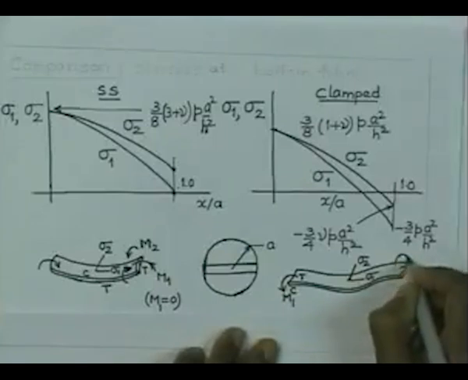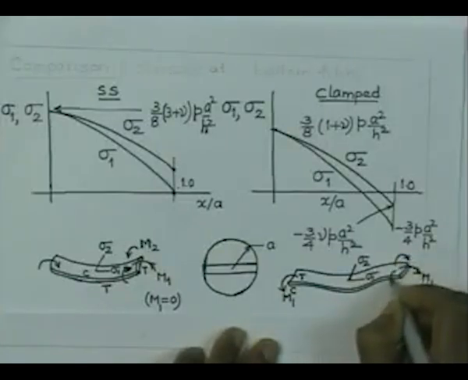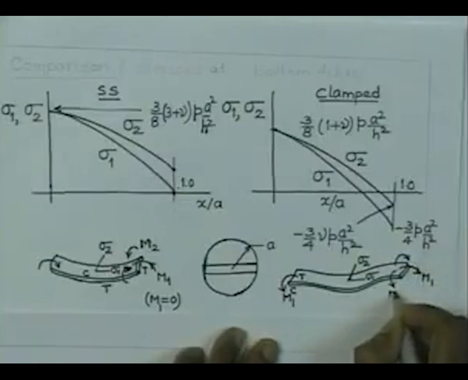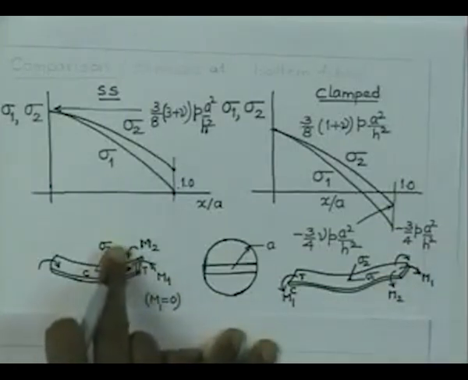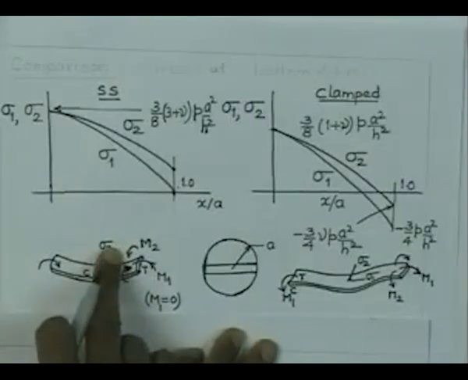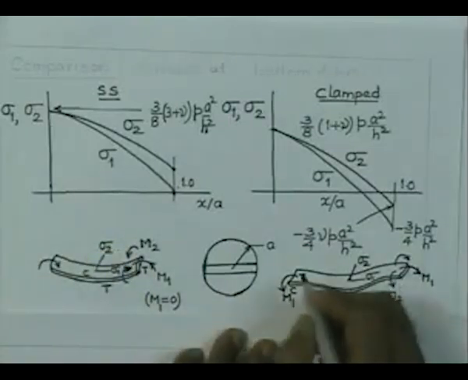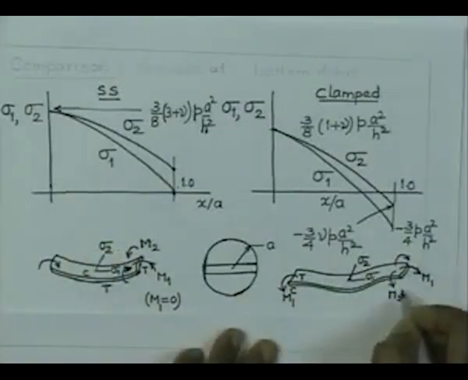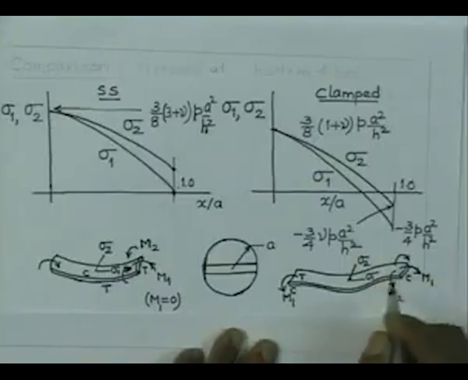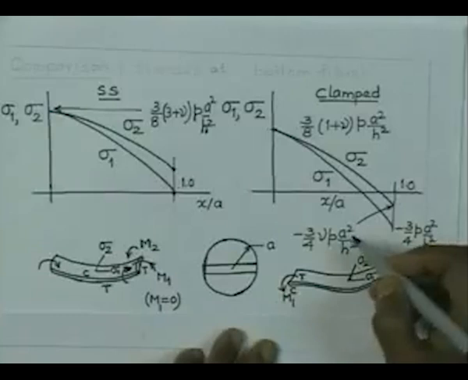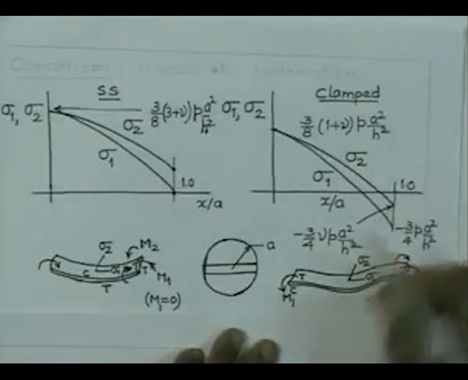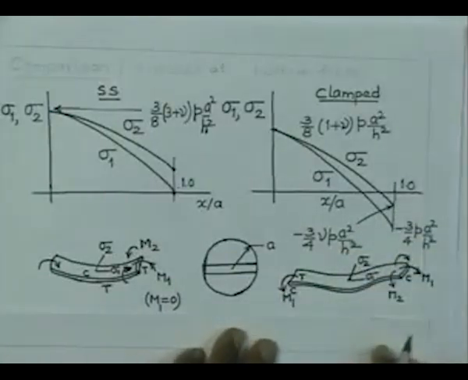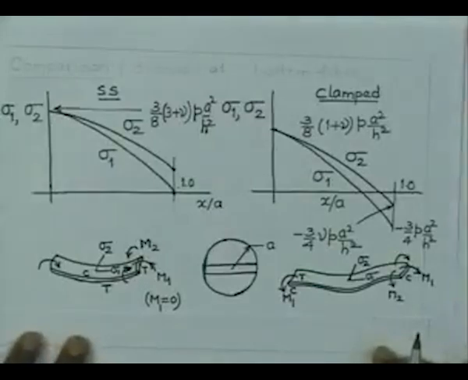The support will apply moment, which is going to be now in this direction m2, and this is negative, this is opposite compared to what we have seen here, and therefore, under the action of this moment, we are going to get now compressive stresses at the bottom, tensile stresses at the top, and therefore, we expect sigma 2 to be compressive, and that is what we have got here. So, this is how the stresses are going to be different in the two cases.